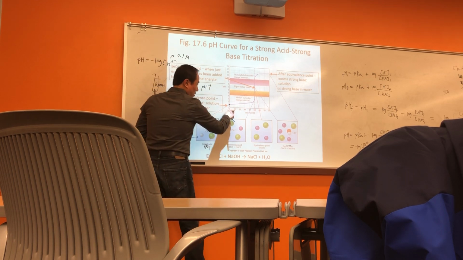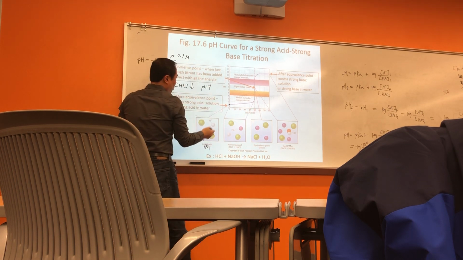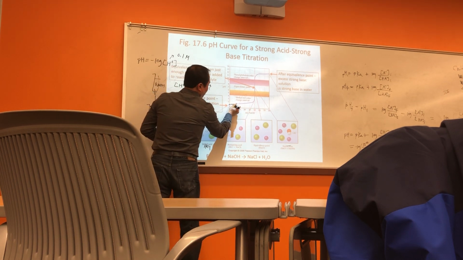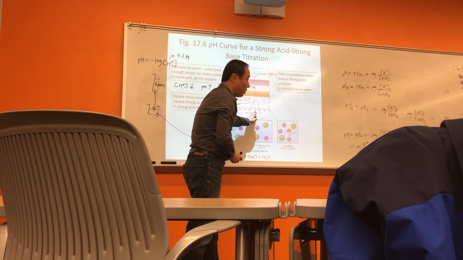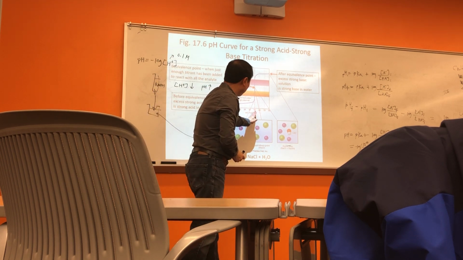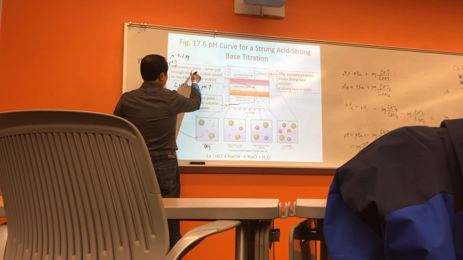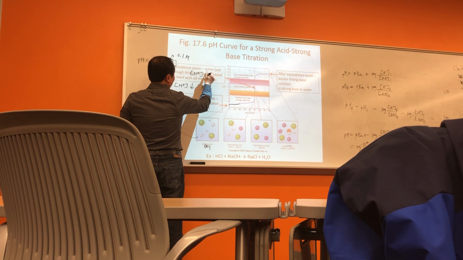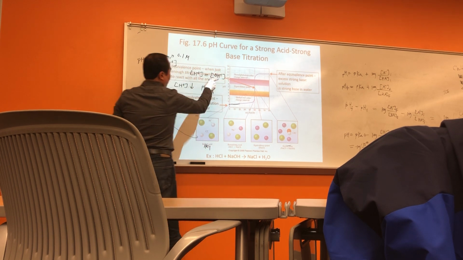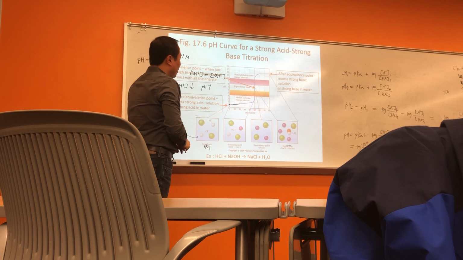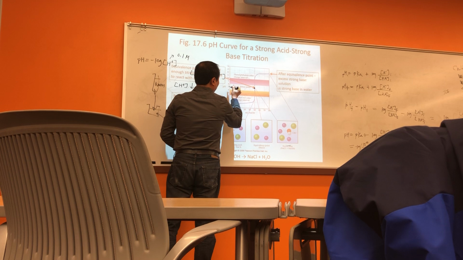So your x-axis is the amount of base you put in, and the pH level will move up until the endpoint. At the endpoint, you put in exactly equal amounts of hydrogen ion and hydroxide, then it will be neutral. So that's why at the endpoint, the equivalence point will be pH 7.